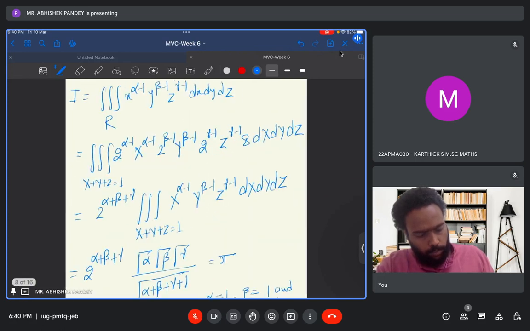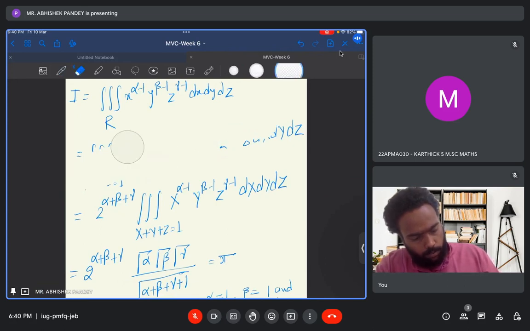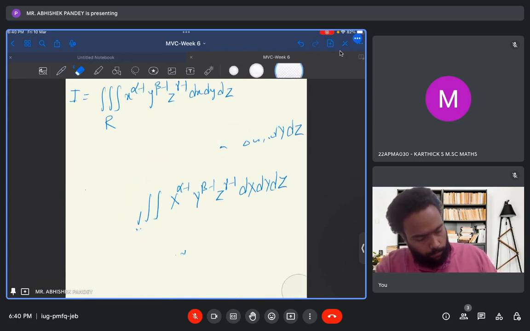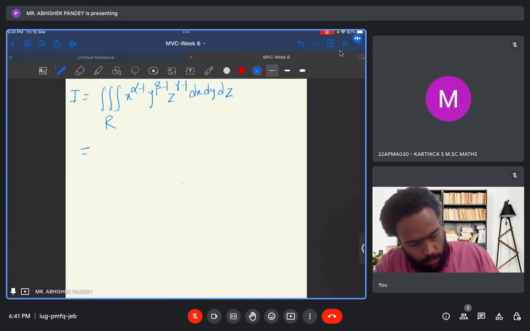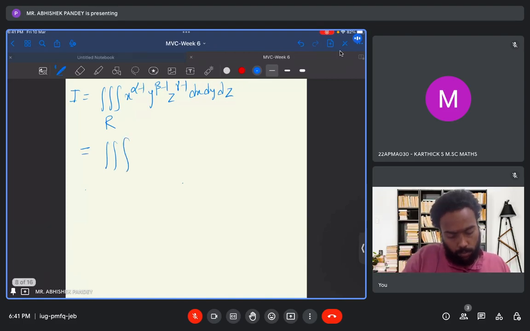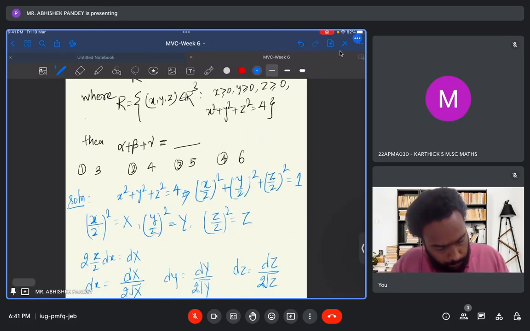So here all these things we will get. Here I is now, x to the power alpha minus 1. Here x is nothing but 4 into root over x.